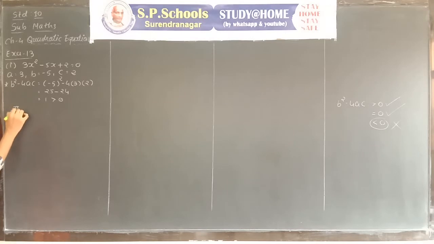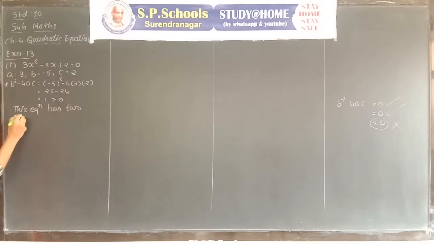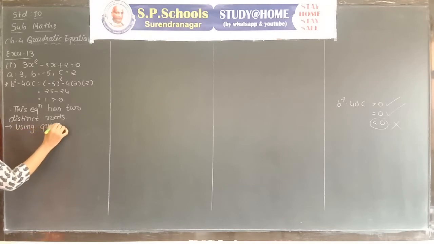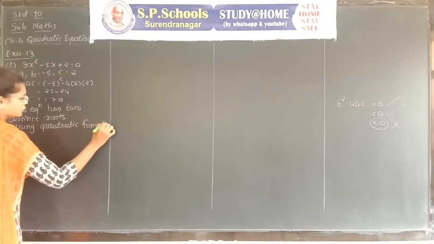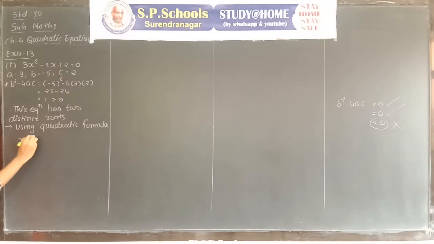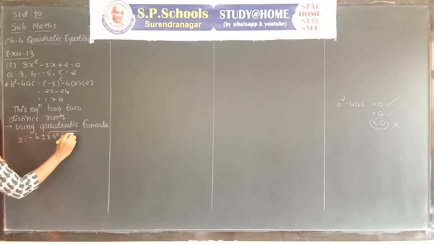Therefore, this equation has two distinct roots. Using the quadratic formula, x is equal to minus b plus or minus square root of b square minus 4ac, upon 2a.